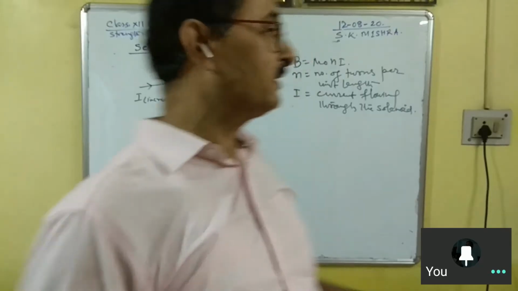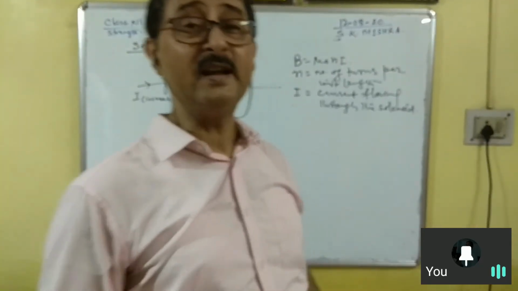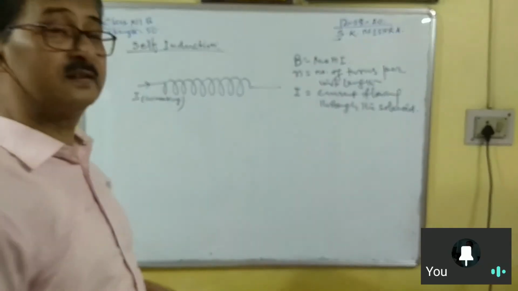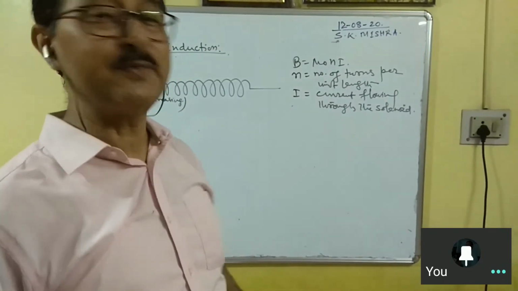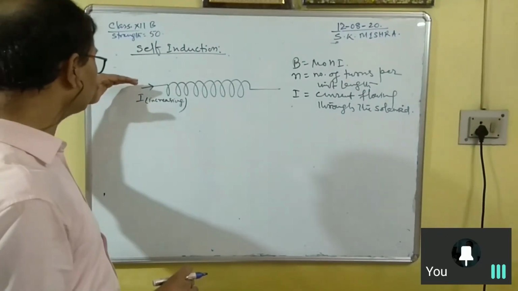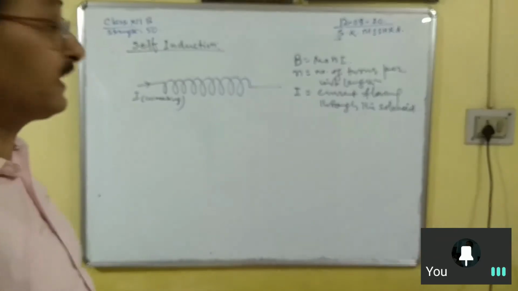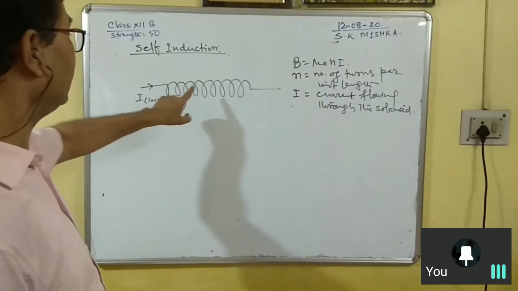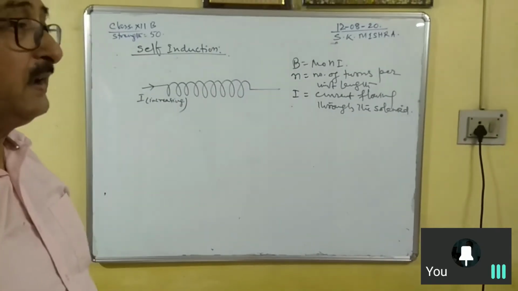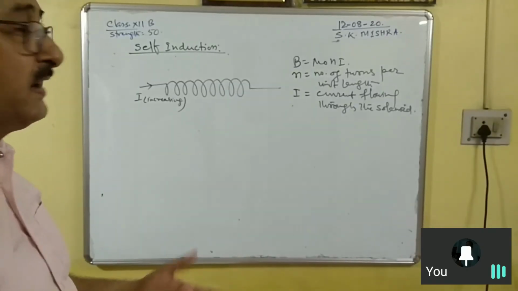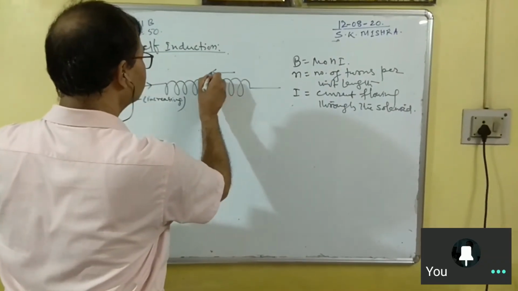Then that induced current, according to Lenz's rule, has a tendency to oppose the very cause which is producing it. The reason is that you are sending an increasing current through the solenoid. So how will this coil oppose it? By inducing a current along this direction.